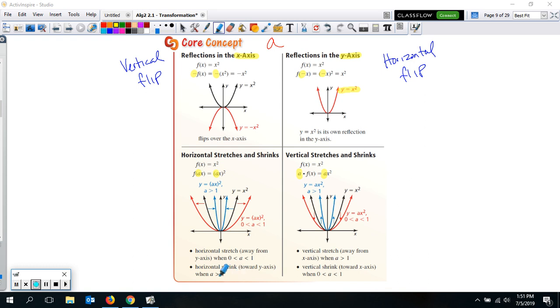So you can see it's calling it a shrink when that's bigger than 1, and it's a stretch when it's less than 1. So when this number right here would be 2, for instance, A would be more than 1, so we would call it a horizontal shrink, but the factor number, as you pull it out, would really become a 1/2. So when that factor number is less than 1, then you're going to be shrinking that one.